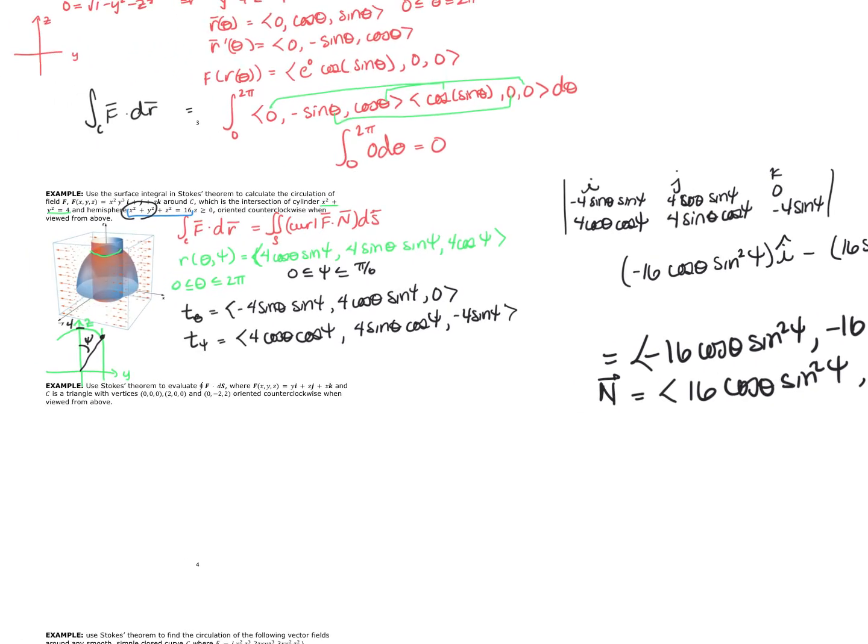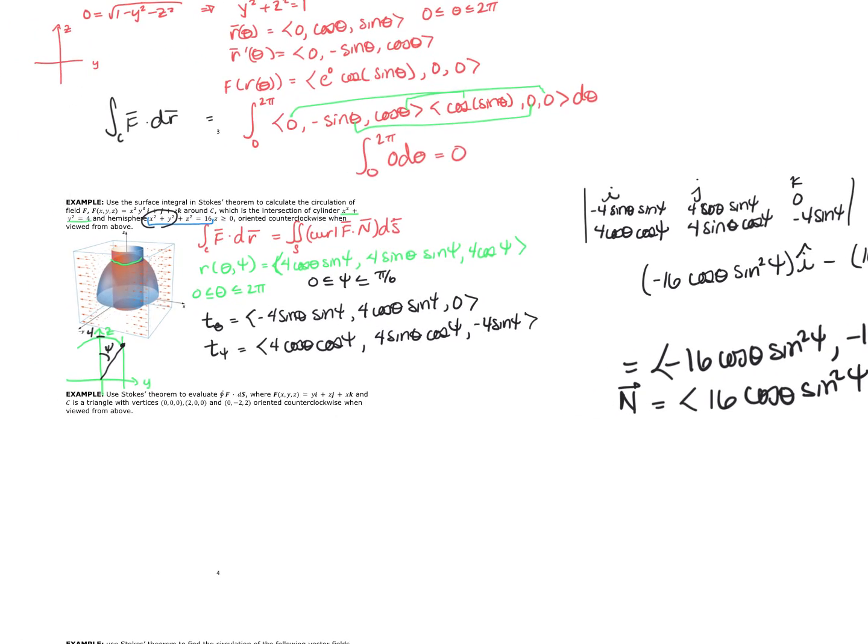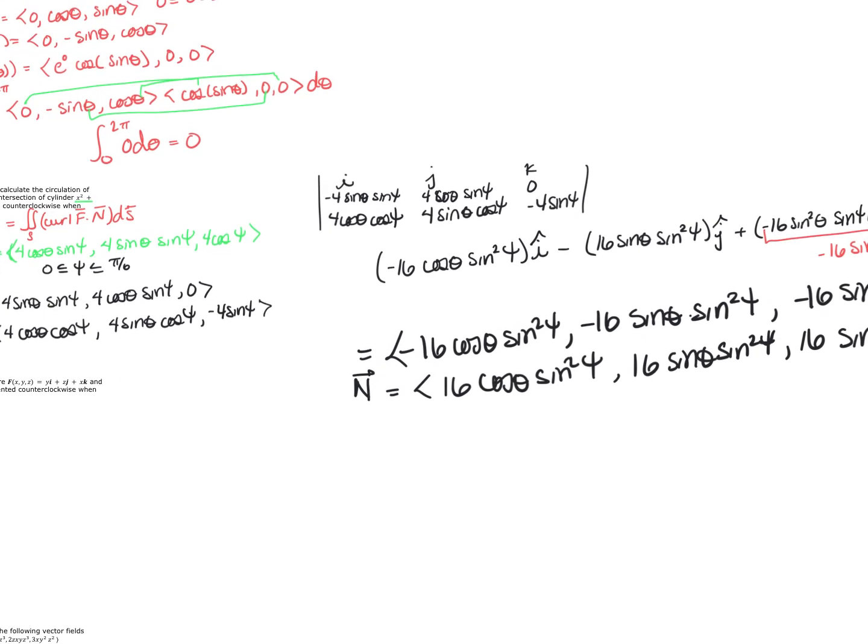Now what I have to do is find my curl of f, which we know is equal to, in the i, the j, and the k direction, the partial with respect to x in the first and the second row, the partial with respect to y in the next position, and the partial with respect to z.